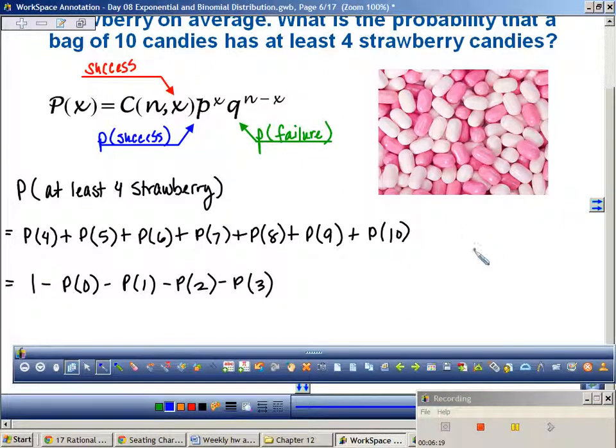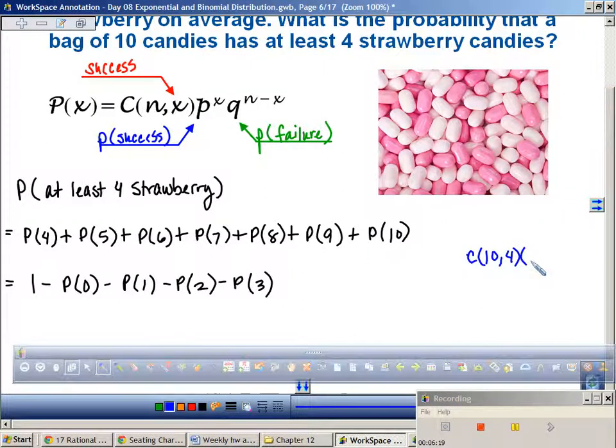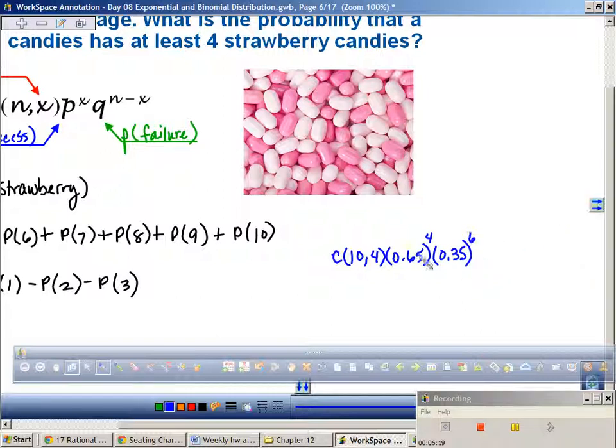So probability of 4 would be combination 10 choose 4 times the probability of success, which is 65%, to the 4th power. That's how many successes I have, 4, right? Times the probability of failures, which is 35%, to the 6th power.